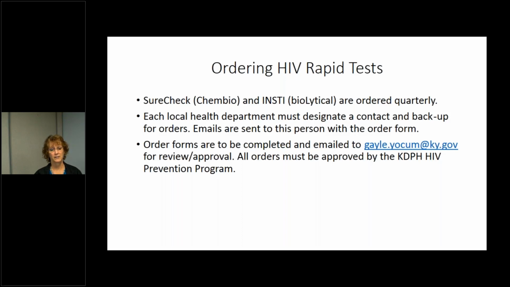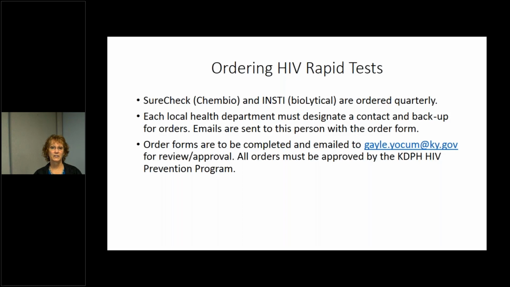Those tests are ordered on a quarterly basis, and we have a master list of contacts for all the local health departments. Again, there's a lot of changes, and if you all think about it and can let us know the new contact person, that would be fabulous, because what happens is the email goes to that contact person.